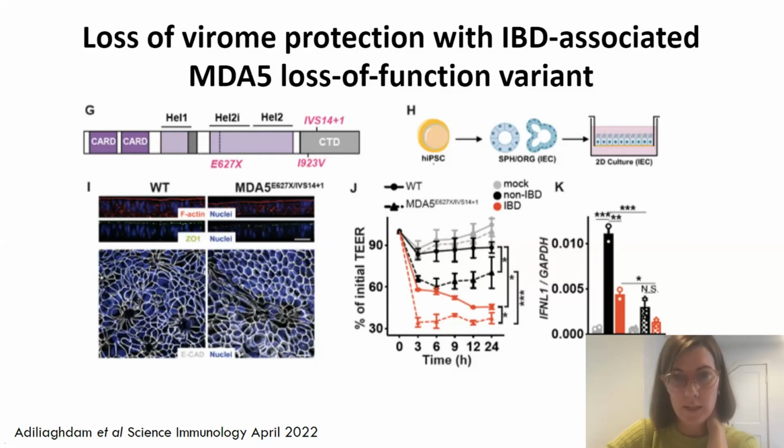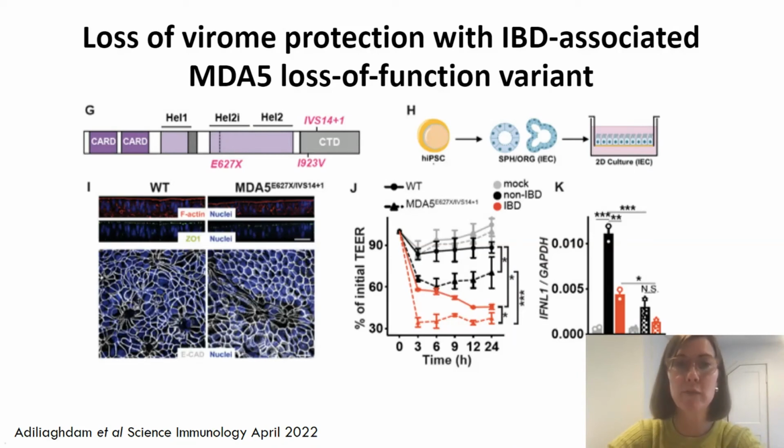With E-cadherin or ZO1 or F-actin, that mutation really didn't change the intestinal epithelium in any obvious way. But in a 2D culture, when we started delivering either healthy virome or IBD virome, we could see a very significant loss of epithelial barrier integrity in the presence of this MDA5 loss of function mutation.